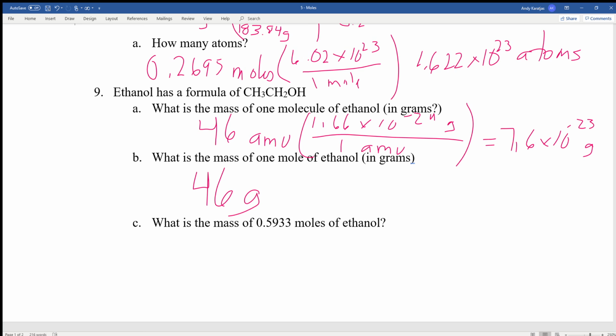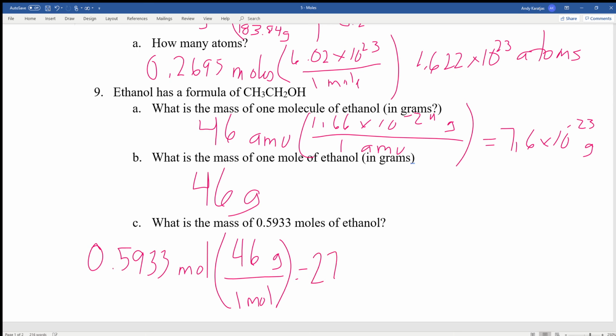Now in part C, we're going to convert that number of moles of ethanol into grams. So we have 0.5933 moles. We already know the molar mass. We calculated it a moment ago, 46 grams per 1 mole.